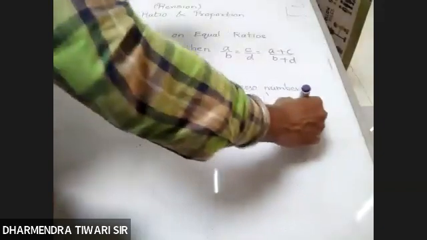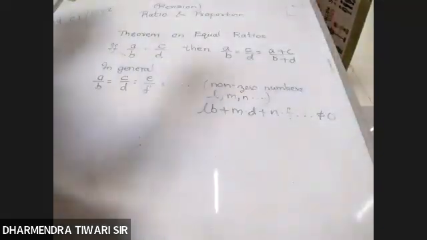Why are they non-zero? Because they are going to be in the new denominator.